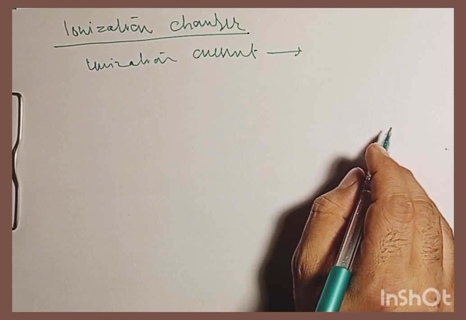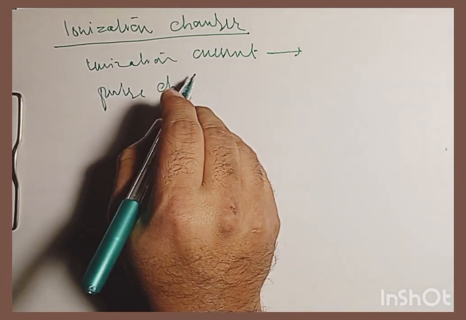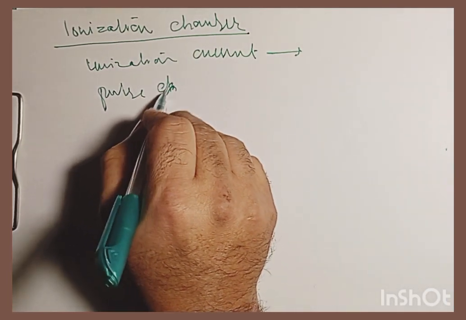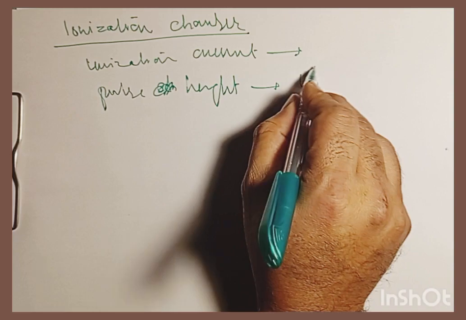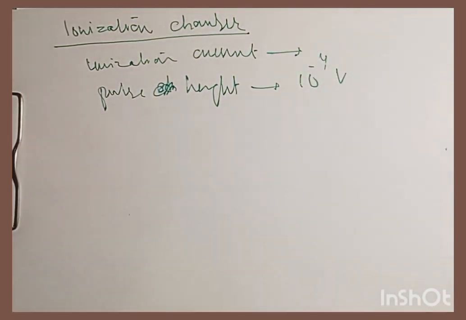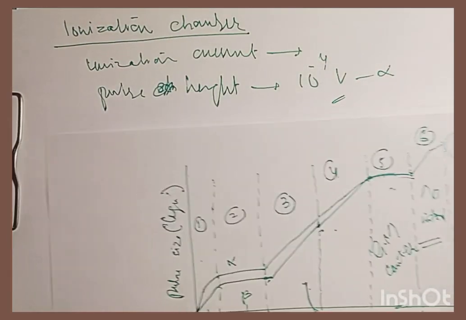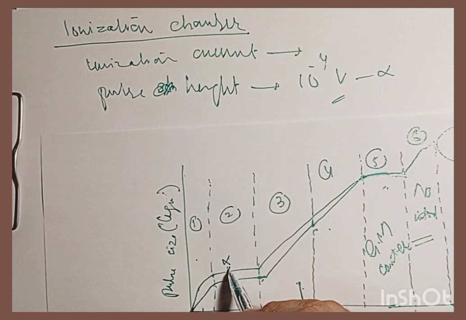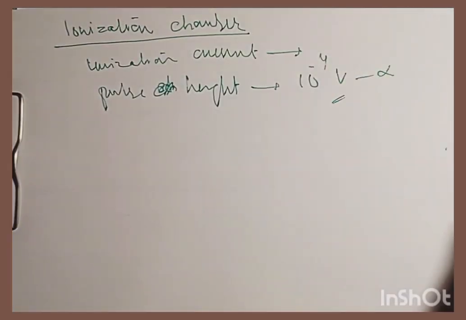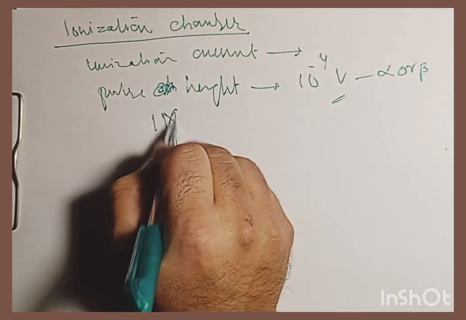And the pulse height so produced in the case of a pulse ionization chamber is of the order of 10 to the power of minus 4 volts. This is for alpha or beta particles that have energies of the order of 1 mega electron volt.